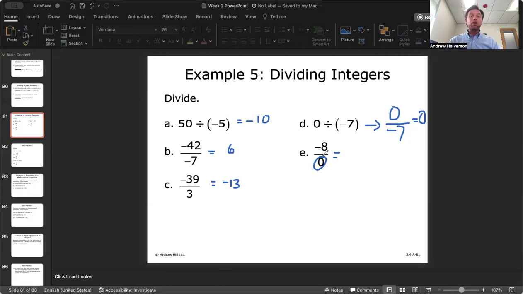You get a big old error. What does that mean? It means that the answer is what we say is undefined. You can't divide by 0. So 0 in the numerator reduces the entire division down to 0, while 0 in the denominator is undefined.